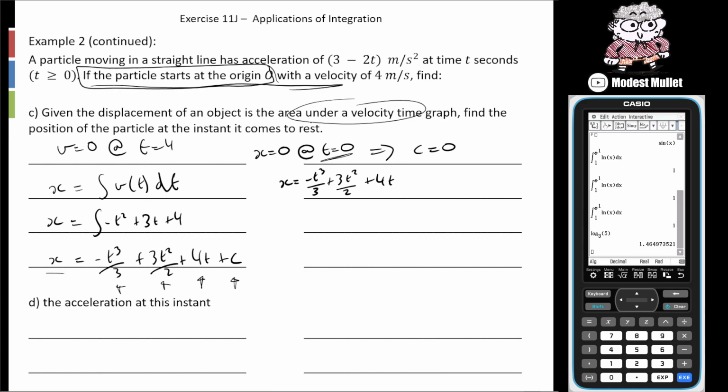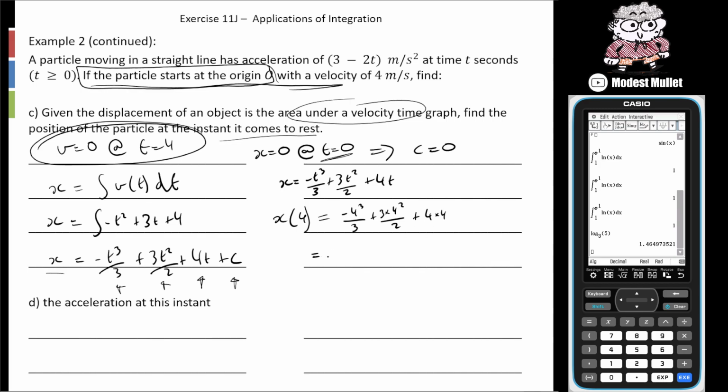Now we want to find when it comes to rest, which is when t is equal to 4. So x of 4 is equal to negative 4 cubed on 3 plus 3 times 4 squared on 2 plus 4 by 4.